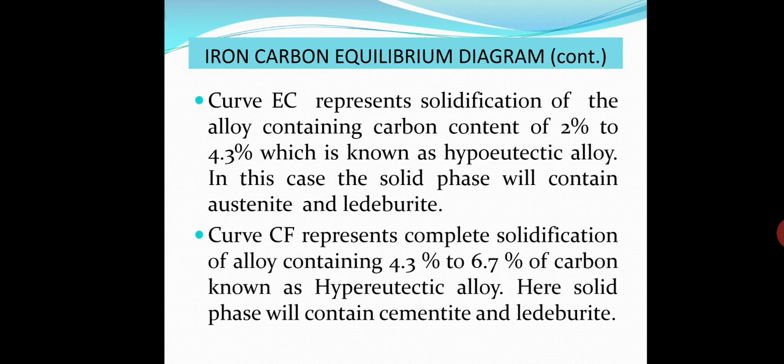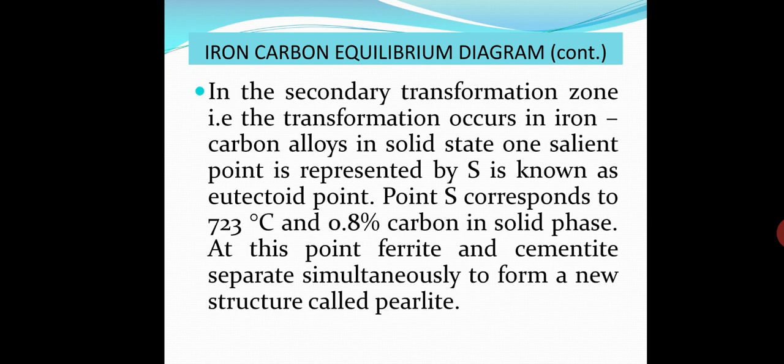And curve CF represents complete solidification of alloy containing 4.3 to 6.7% of carbon, known as hypereutectic alloy. Here the solid phase will contain cementite and ledeburite.